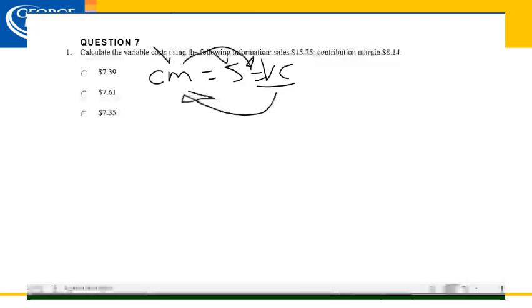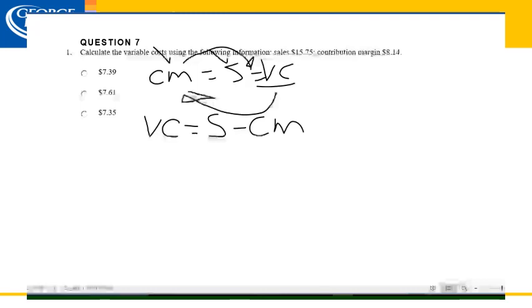By moving the variable cost to the left-hand side, it becomes a positive, and by moving our contribution margin to the right-hand side of the equation, it becomes negative. So it results in a formula that looks like our variable costs are equal to our sales minus our contribution margin.